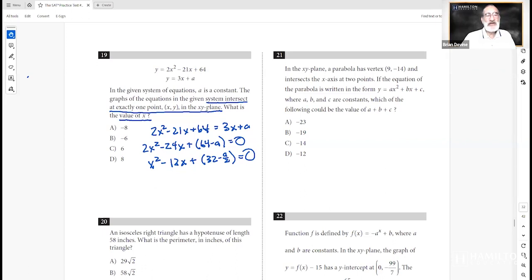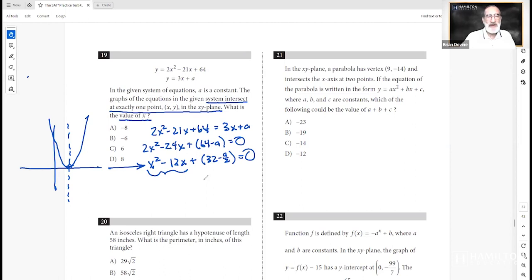And they said, since the system only intersects at 1 point, then this thing must have a single solution, which means it's got to be one of those parabolas that comes down and just touches at 1 point, which means that on the axis of symmetry, that's where the vertex is, which means we only need to look at these two numbers.